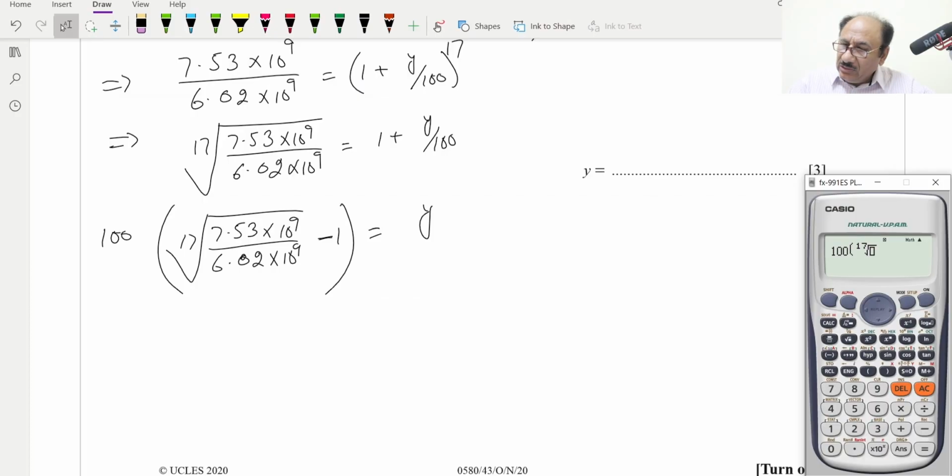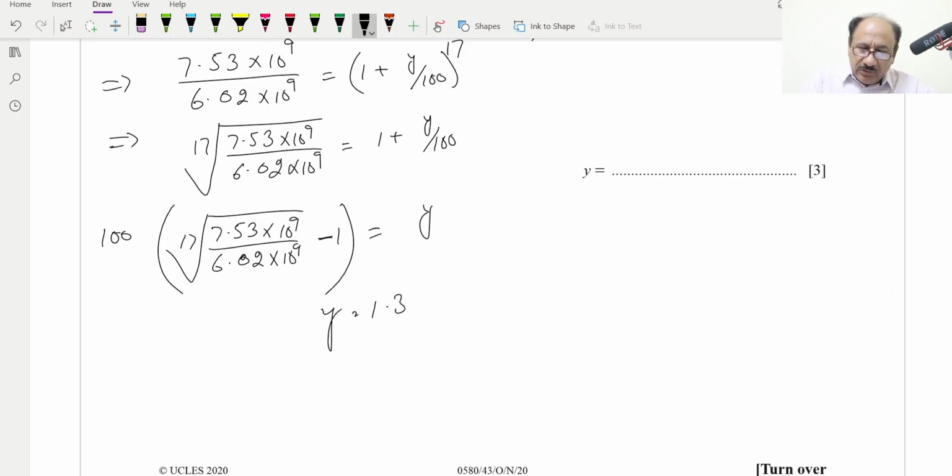So 17, and then this will be the fraction 7.53 into 10 raised to the power 9 over 6.02 into 10 raised to the power 9, and we have to go out and subtract 1, and then we have to put the bracket, and this will be equal to what? 1.325. So y is equal to 1.325. This will be the rate, which we are providing at the proper location.